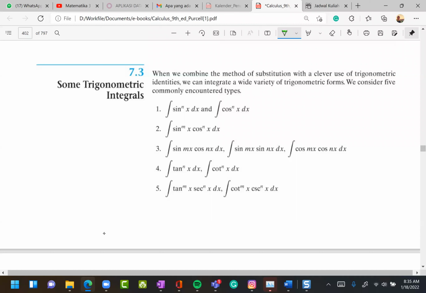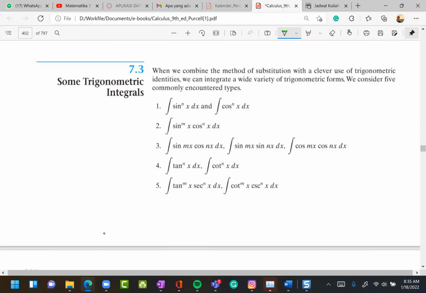All right, so a few things here. What we are doing is some special form of integral. So in the form of a power of sine, power of cosine. So product of power, sine and cosine. Or this is multiple angles here. Sine mx, cosine mx. Or sine sine or cosine cosine. Tangent, cotangent, power, and its combinations.